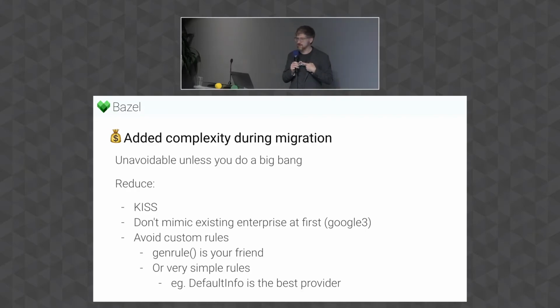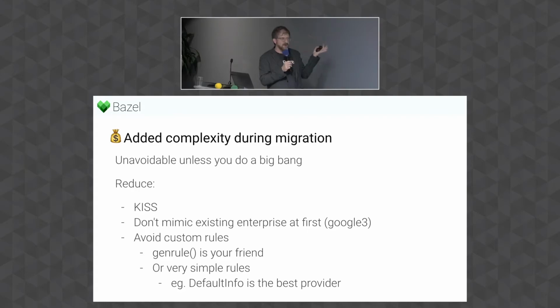Don't do what we did, which is that we started from the Google internal mentality, and we brought over a lot of the complexity of that system into Rules Node.js. And I think maybe other rule sets have done this. You often don't need the enterprise grade things in there at the beginning of your migration, and if you take on the complexity early, then that's going to hurt you a lot.